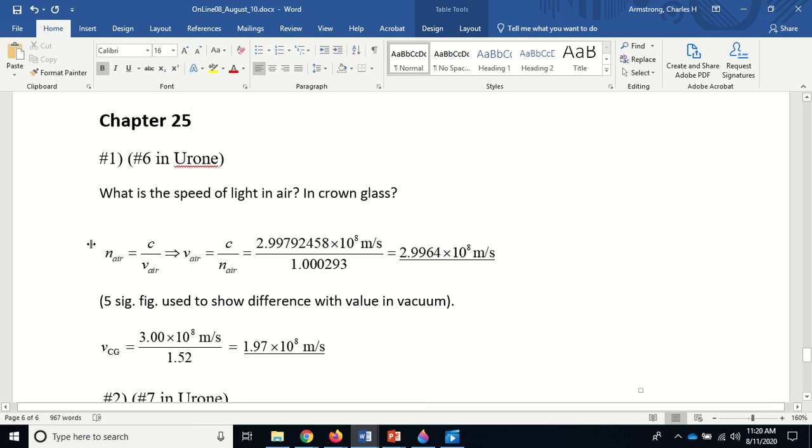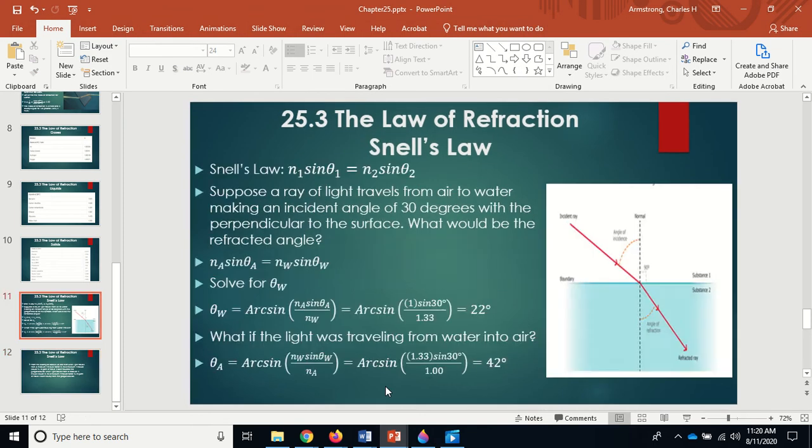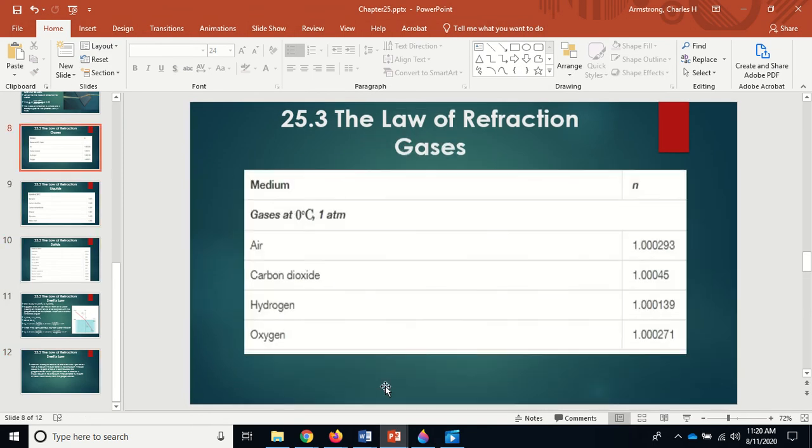Well, we have this equation here. Okay, so you just go back, you look up the index of refraction of air. It's like 1.000293. Remember, we had that. So we're using that now.